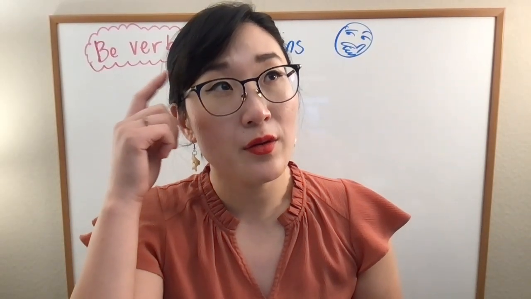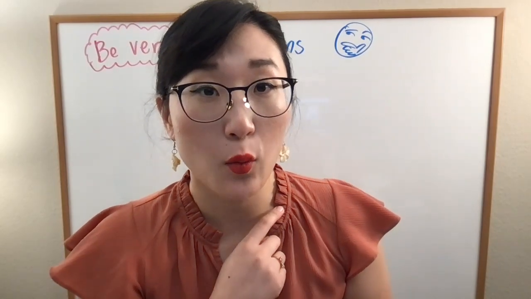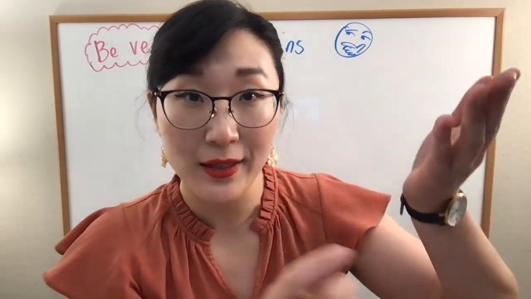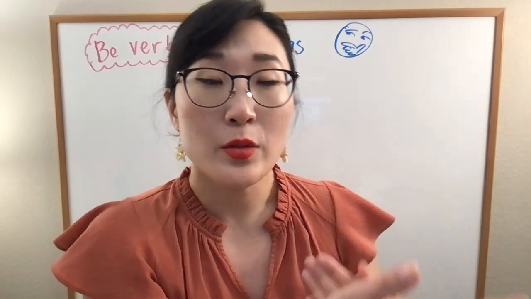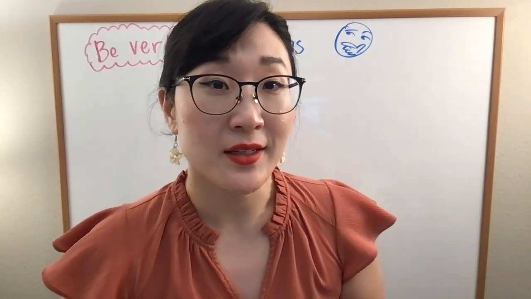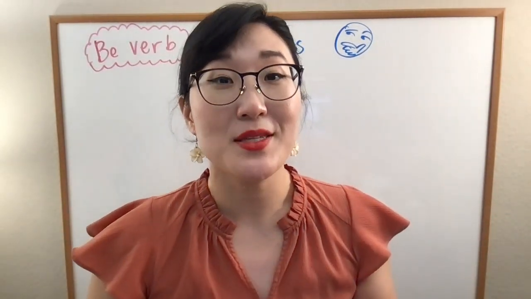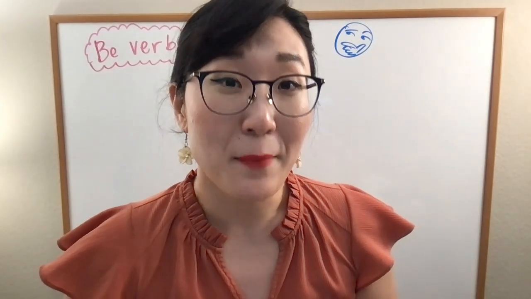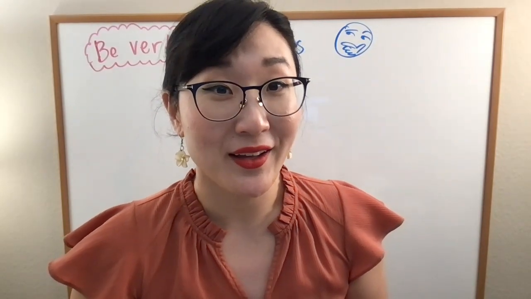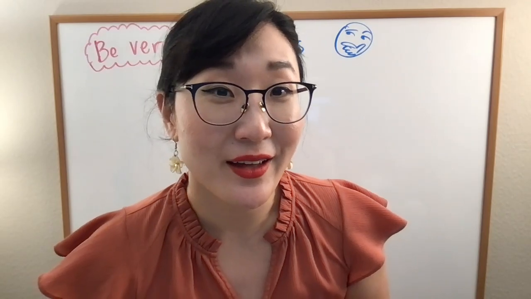We know that with this be verb, we use it with a noun and adjective. So the final part of this video, you will listen to my pronunciation of different types of adjectives my students and I are learning in our beginner class. Here we go.